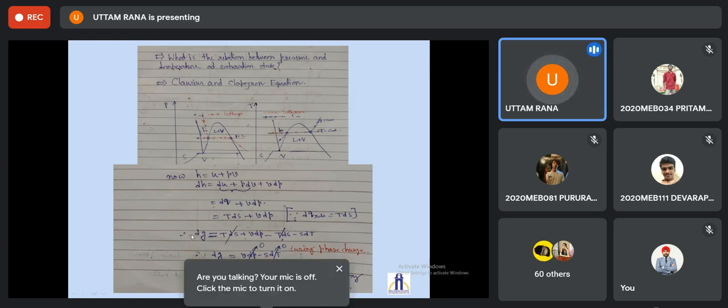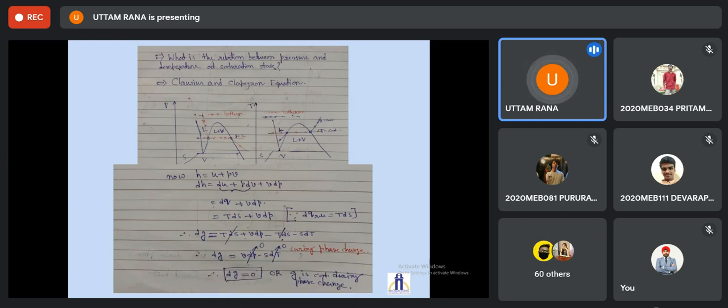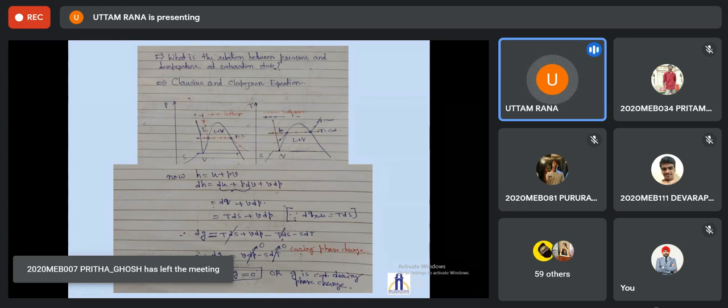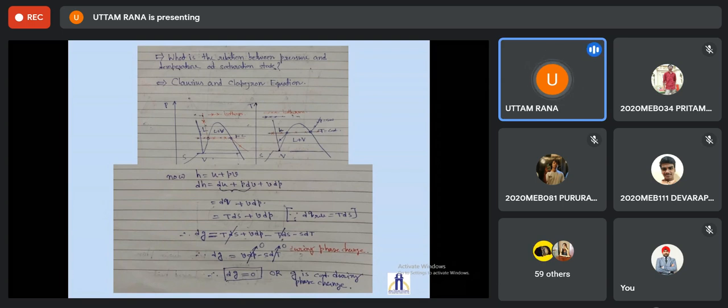What is the Gibbs function or Gibbs free energy? Gibbs free energy is written as G is equal to H minus TS. If we write G is equal to H minus TS, what is dG? dG will be equal to dH minus TdS minus SdT.